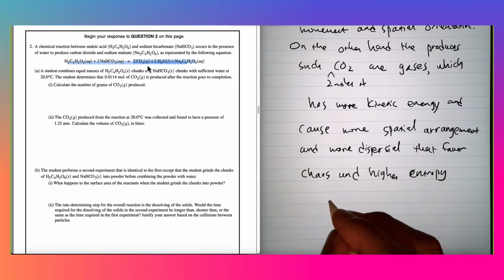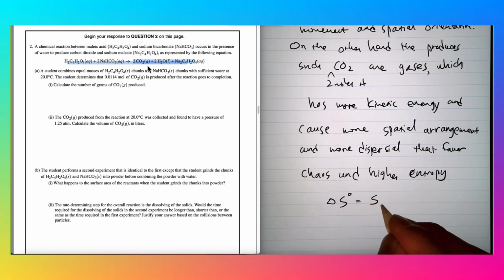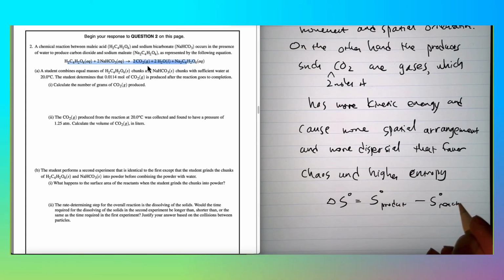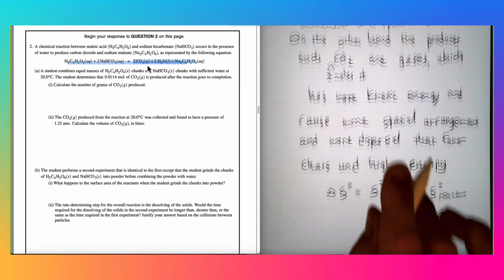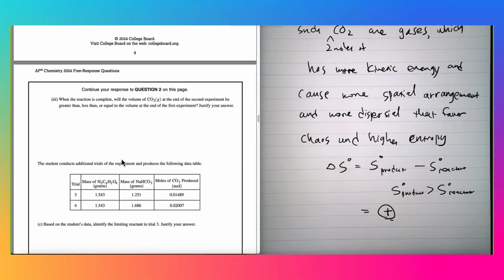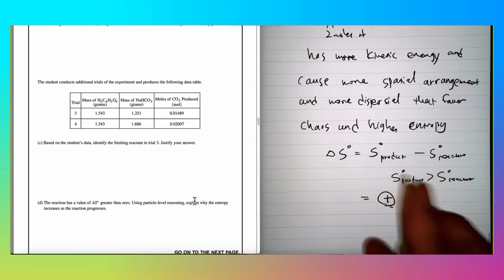So because the product is higher than the reactant, we'll get overall positive. Yeah, so let me see if I answered the question. So this was, yeah. So we'll say the entropy increases.